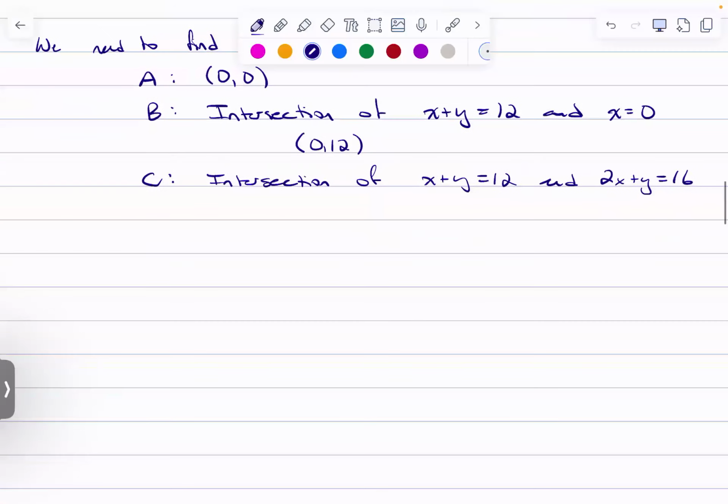And so I can rearrange and say that y is equal to 12 minus x and y is equal to 16 minus 2x. This looks familiar-ish, finding the intersection. If I force these to be equal to each other, then I can say 12 minus x is the same as 16 minus 2x at that point, because they have to have the same y value. So you can eliminate that middleman.